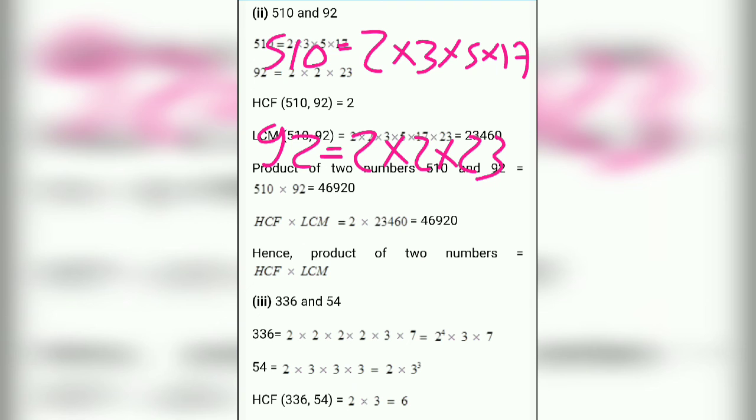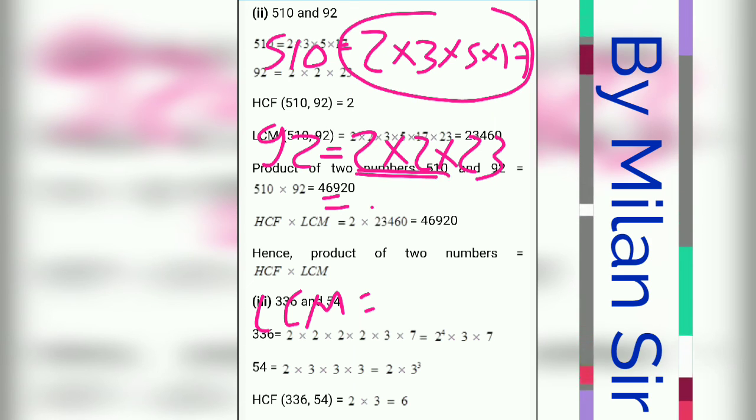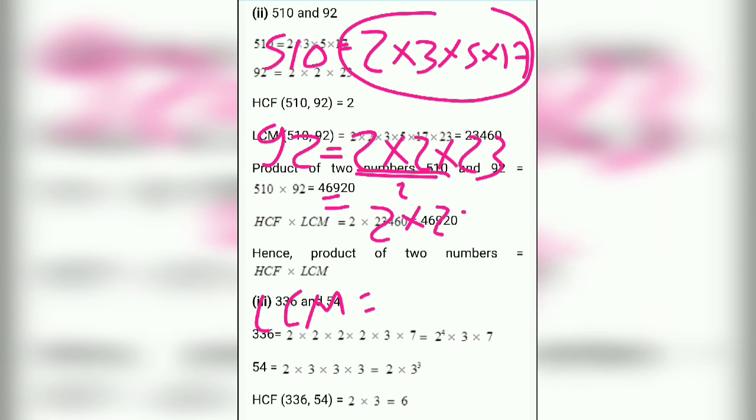For LCM what we need to do, first of all we need to convert these numbers into exponential form. So here this is already in exponential form, right? 510 is 2, 3, 5, 17, but here we can write 2 two times, so 2 square and 23. Okay, 2 square and 23. Now if we think about the 2, then here 2 has exponent 1 and here 2 has exponent 2, so we need to write it with the maximum exponent.